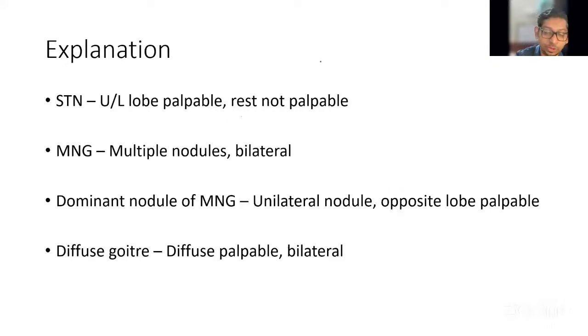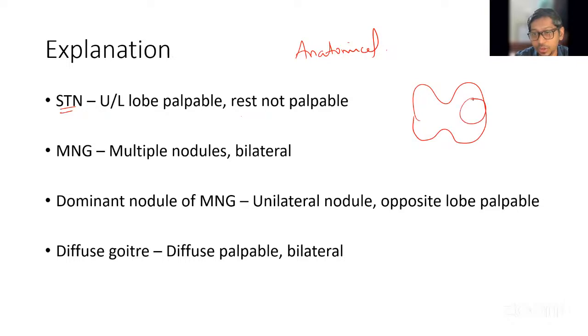So when you talk about diagnosis of the thyroid gland, there are multiple anatomical diagnoses. When we talk about a solitary thyroid nodule, we draw a picture of the thyroid. A solitary thyroid nodule is a nodule in one part of the lobe and the rest of the gland is not palpable. Now what about a multinodular goiter?